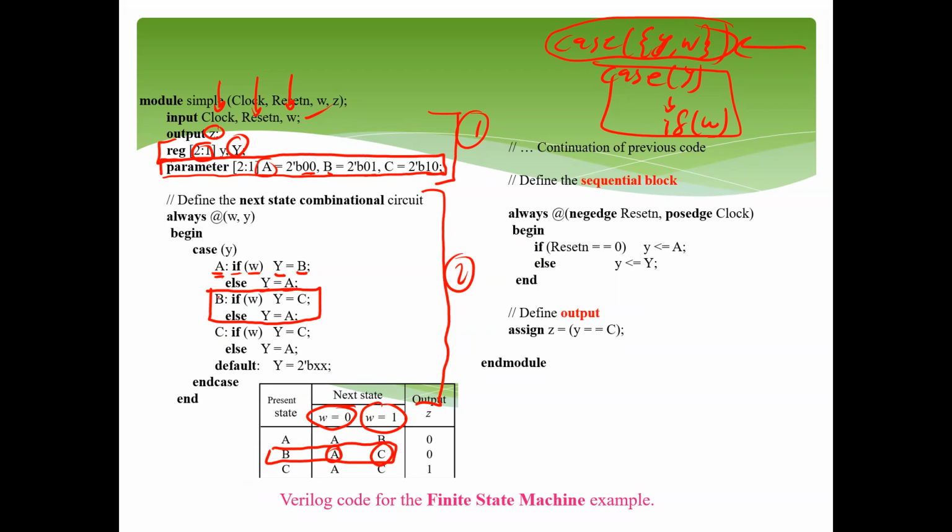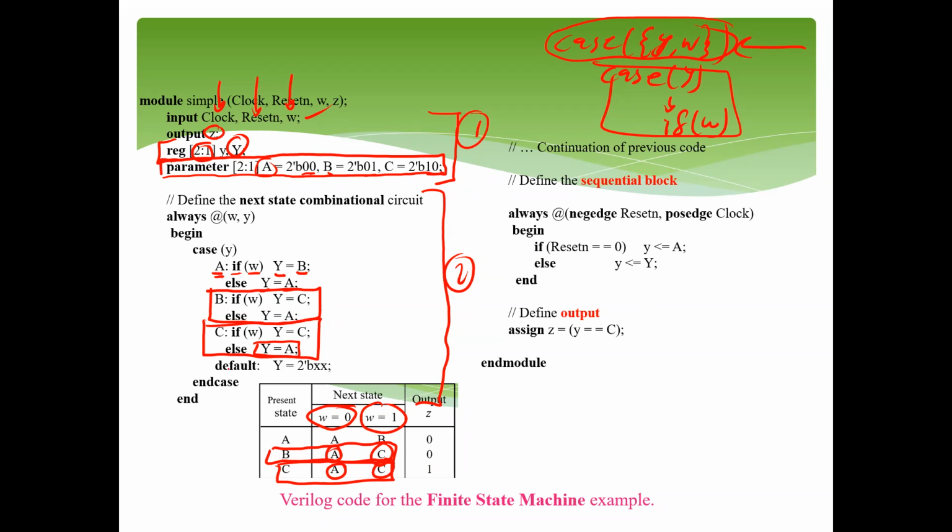So if you are in state B, if W equal to 1, make the next state capital Y equal to C, and else, that means W equal to 0, make the next state Y equal to A. Same for state C: if W equal to 1, make Y equal to C, and if W equal to 0, make Y equal to A.